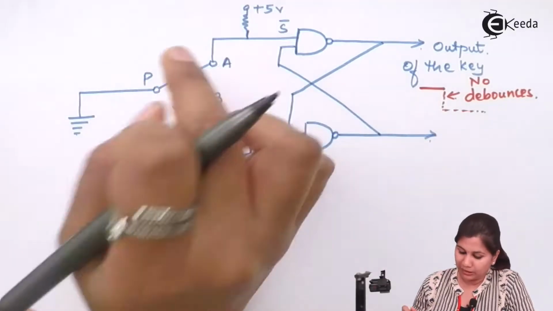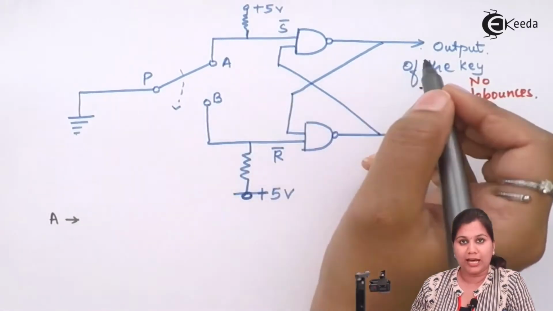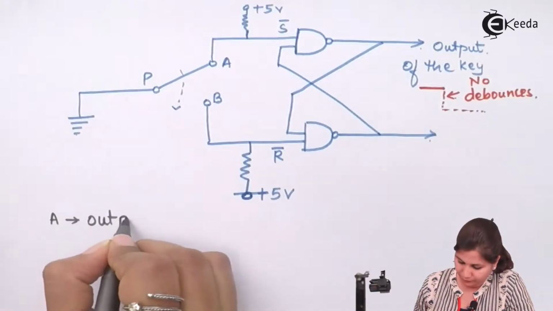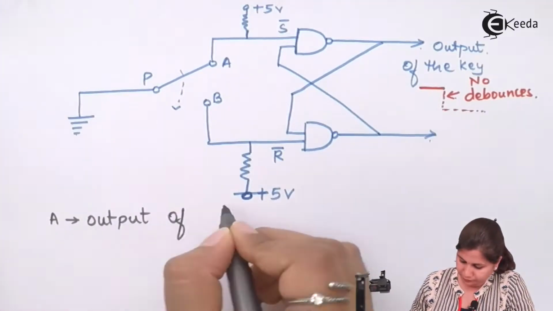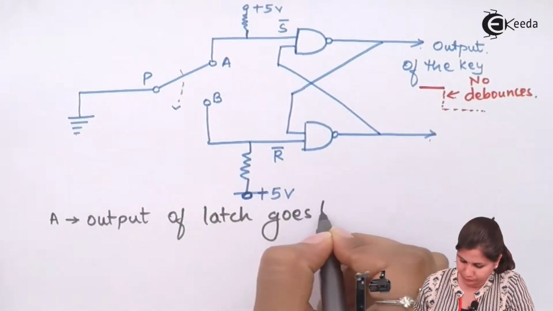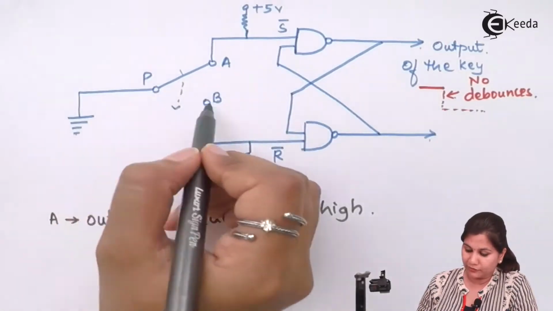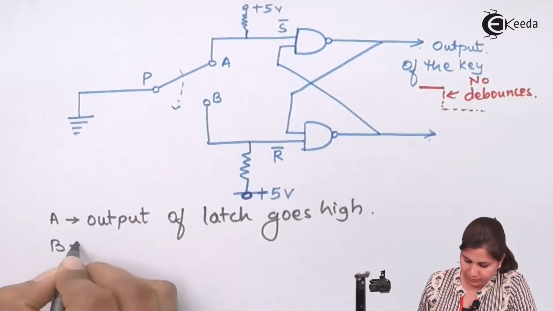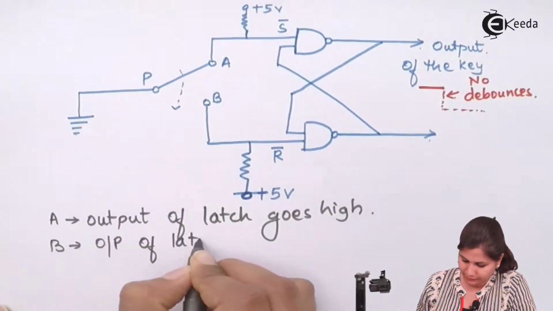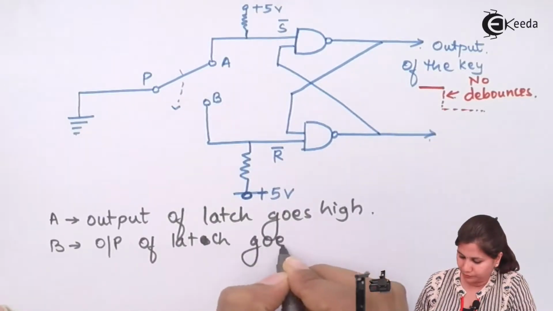Okay, one time it is making the contact with A. At that time the output of the latch will be high. And when this metal contacts with the B, then output of latch goes low.